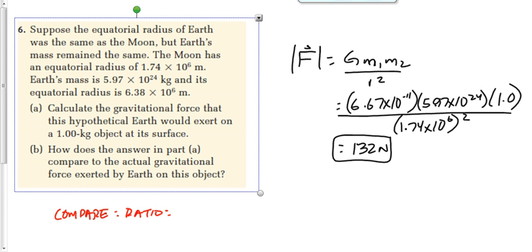What's the best comparison of my age to your age? I'll tell you one way of comparing them is to subtract them, right? I'm 32 years older than you are. Is that a decent comparison? Sure it is. We're comparing my age to your age by saying I'm 32 years older than you, but it's not the best way to compare.